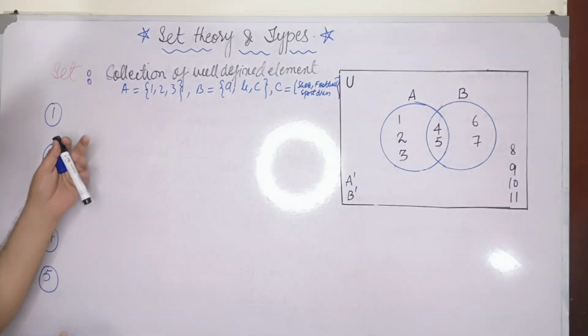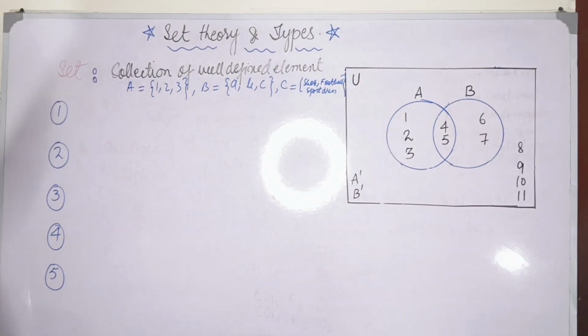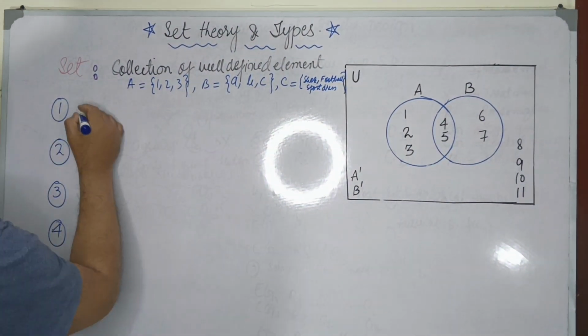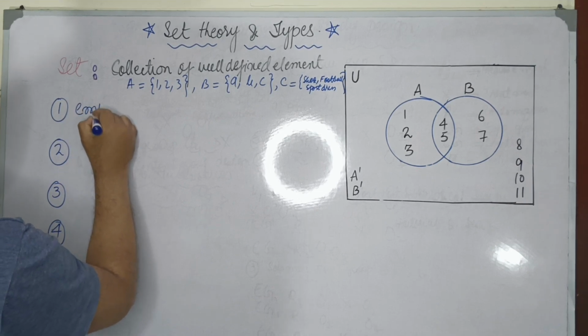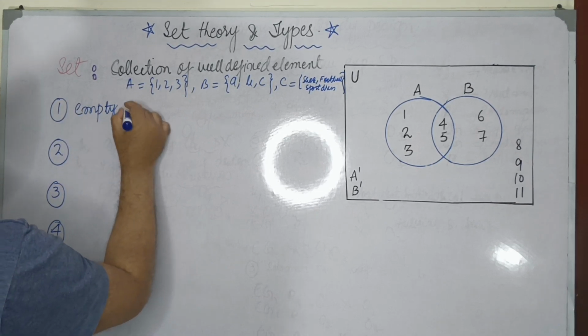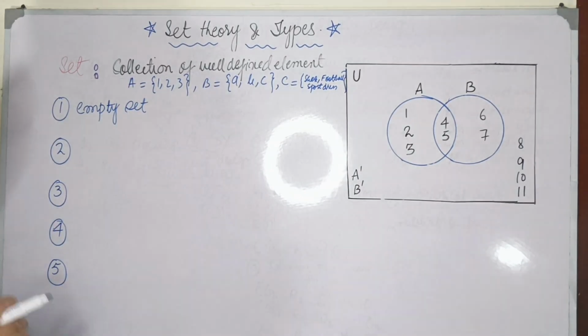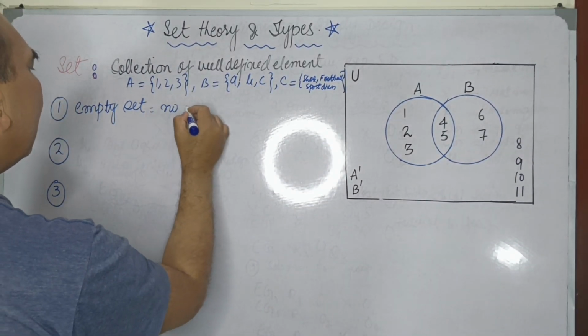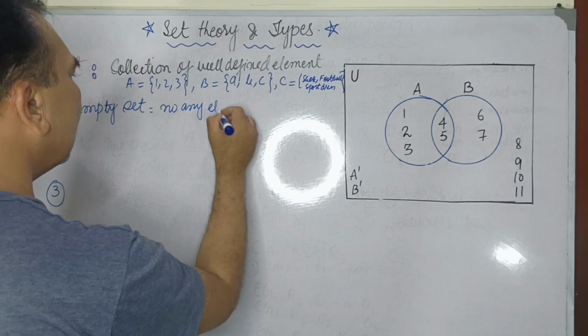Now we will learn the different types of sets. The first one is the empty set. An empty set means no element is present.